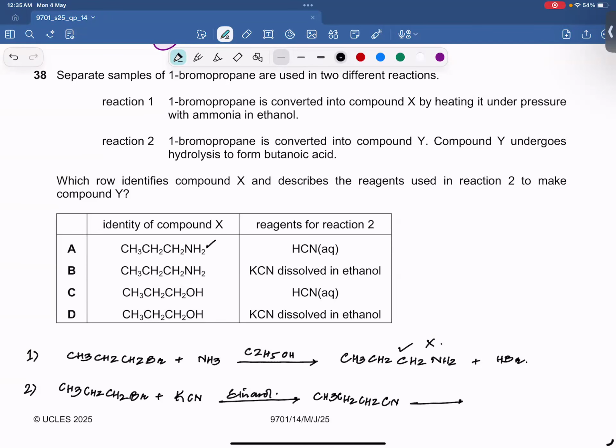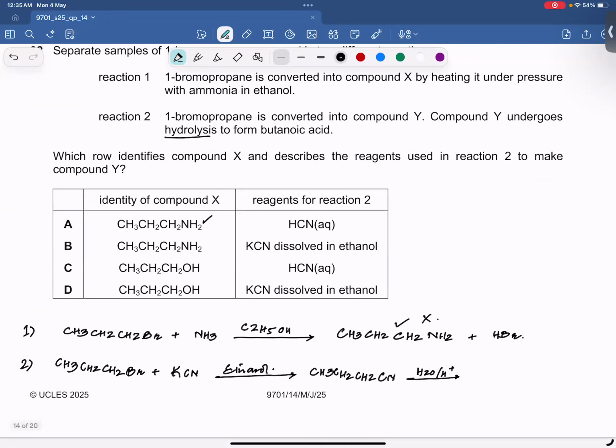When this CN is hydrolyzed in the presence of water under acidic medium, the CN will turn to COOH, and that's your butanoic acid. And that's the instruction the examiner has given us in the question.